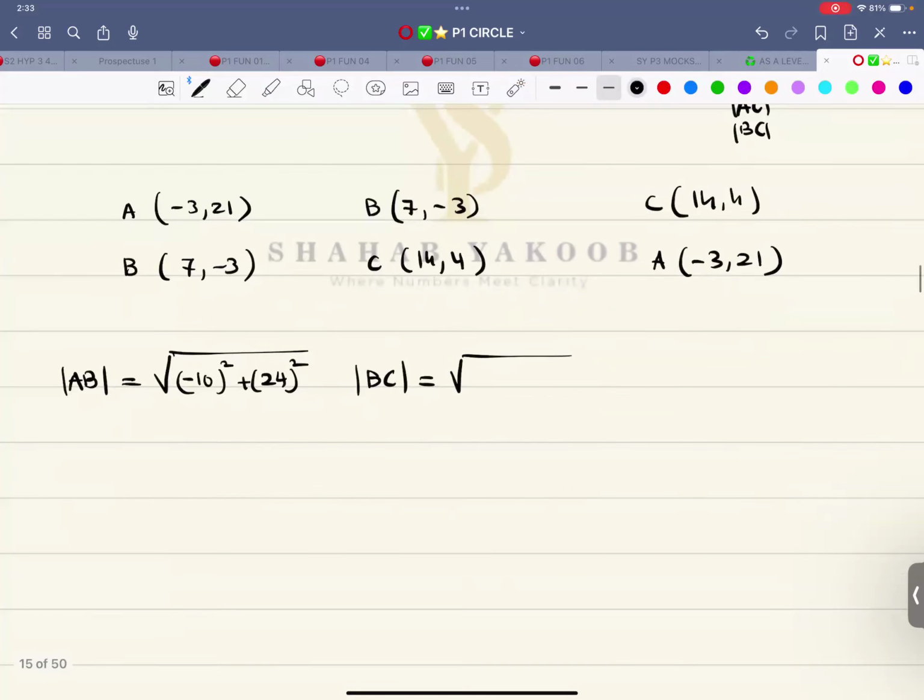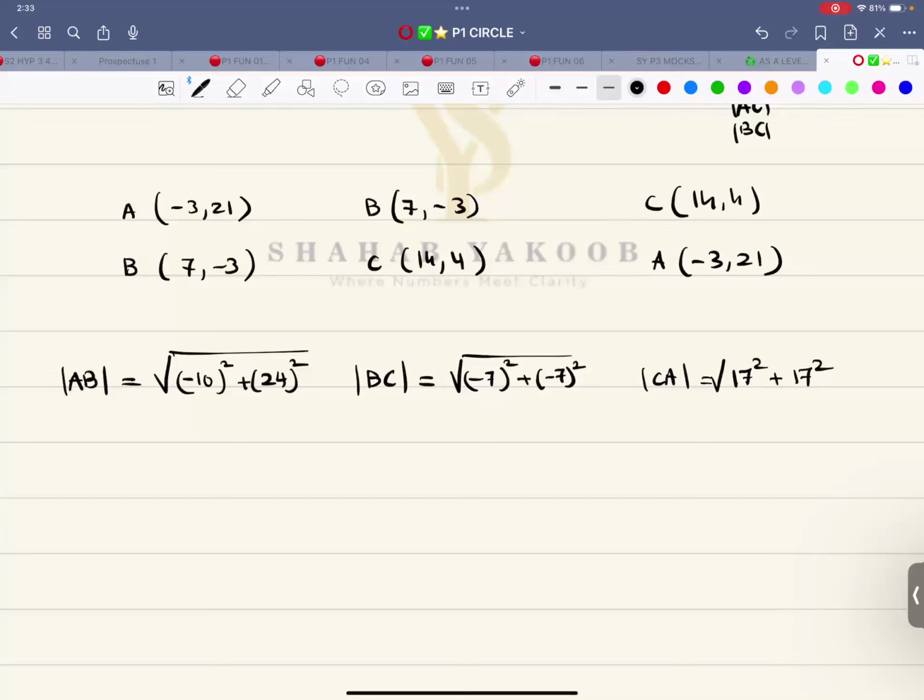So now 7 minus 14 is negative 7 square, minus 3 minus 4 is also negative 7 square. And CA magnitude: 14 minus minus 3, that is 17 square, 4 minus 21, that is 17 square. So now I'm grabbing the calculator.